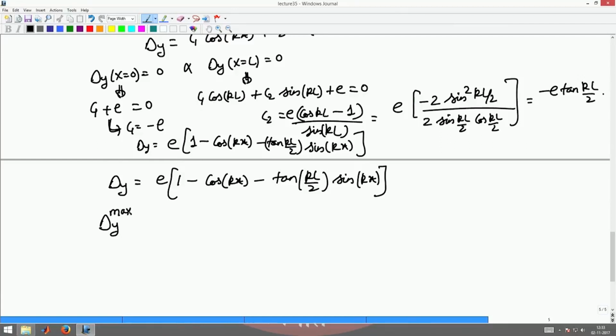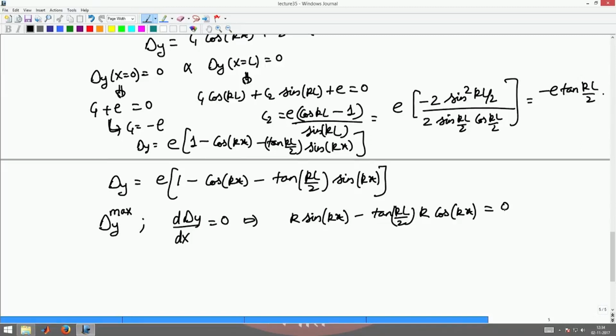Okay. To find delta y max, I have to write d delta y by dx has to be equal to 0. So this will imply that k times sin kx minus tan kL by 2 into k times cos kx must be equal to 0.